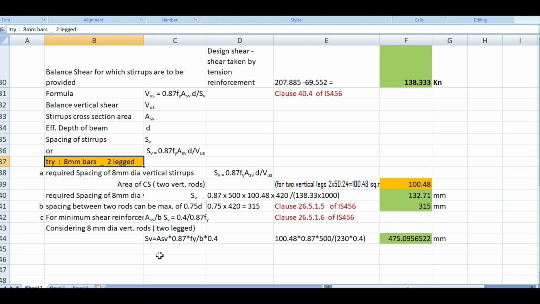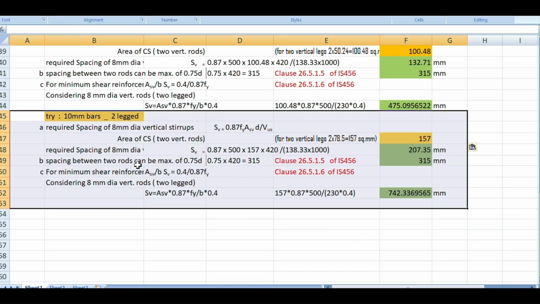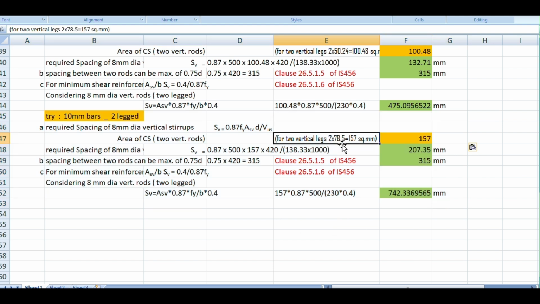We shall try the same thing with the use of 10 mm rods. The area of one 10 mm diameter rod is 78.5, so for two legs the total comes to 157 mm square.